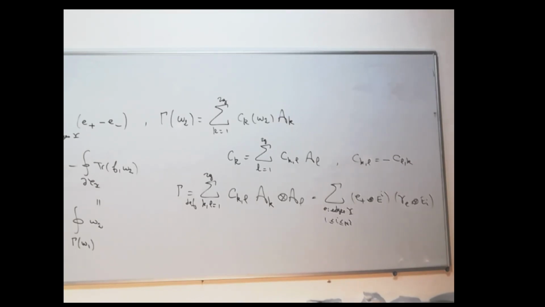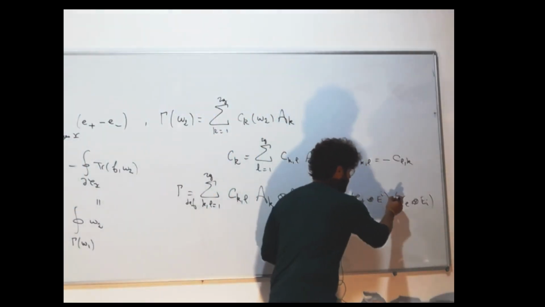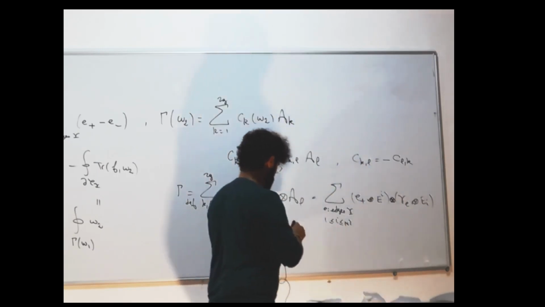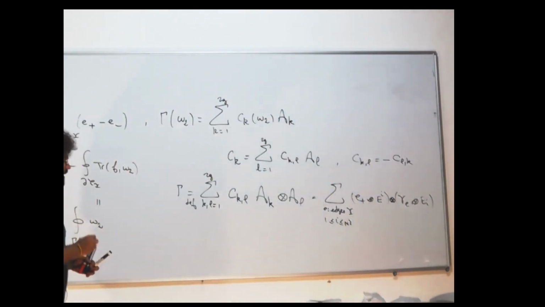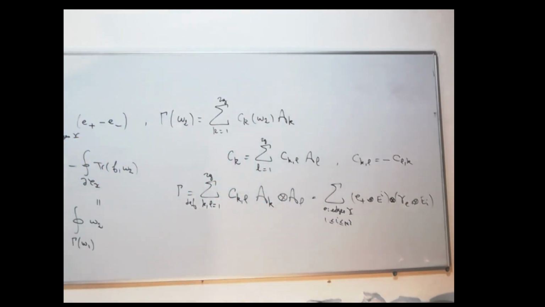All right, so these basis elements, the AKs and ALs, are linear combinations of chains on the base weighted by matrices. I'm going to repeat that over and over again.